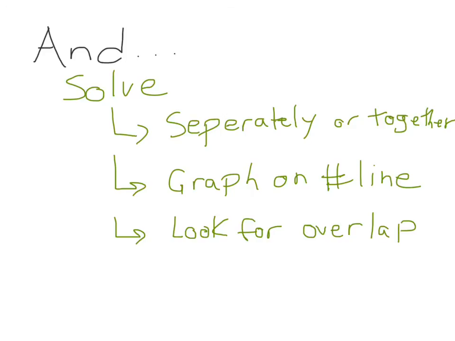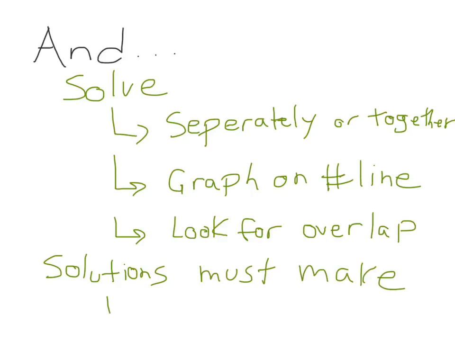We want to know in an AND case what numbers could we plug in and make these inequalities true. Both of them. Okay, so your solutions to an and inequality must make both inequalities true.